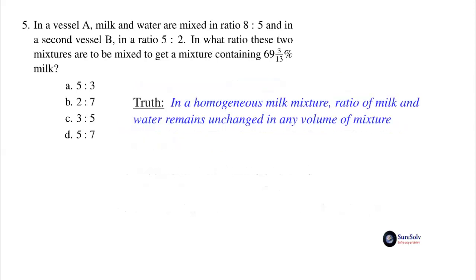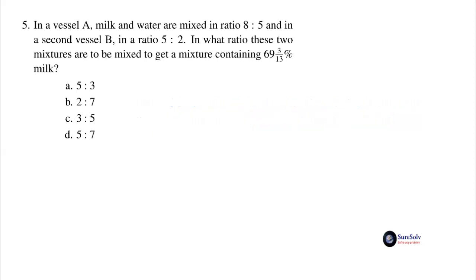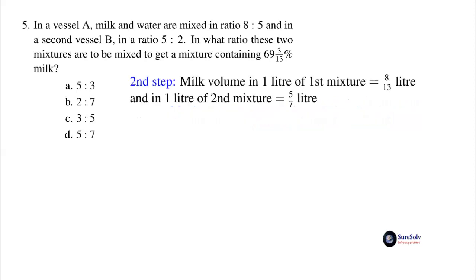We will use here the most basic concept of mixing two liquids or solids. The truth assumed in mixing is, in a homogeneous milk mixture, ratio of milk to water remains unchanged in any volume of mixture. Using this basic concept, in the second step find the milk volume in 1 liter of first mixture as 8/13 liter and in 1 liter of second as 5/7 liter.